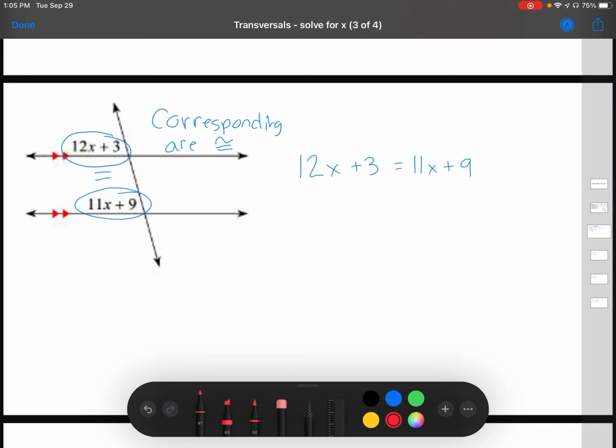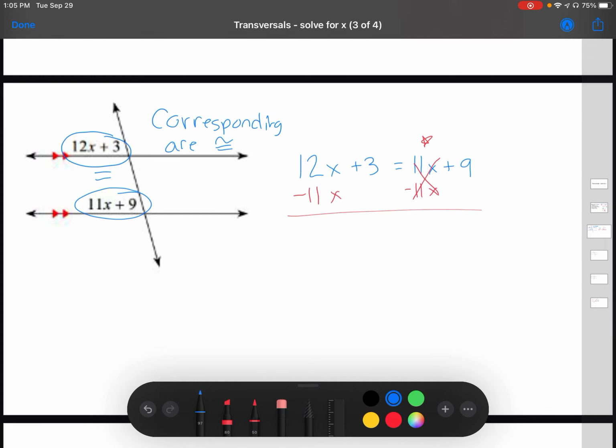All right, so we check our steps. Step 1 is distribute. Can't do that. Combine like terms. No, can't do that. So move a variable. So I'm going to move one of the variables. So I'm going to move 11. The opposite of positive 11 is minus 11. Right? Cancels.